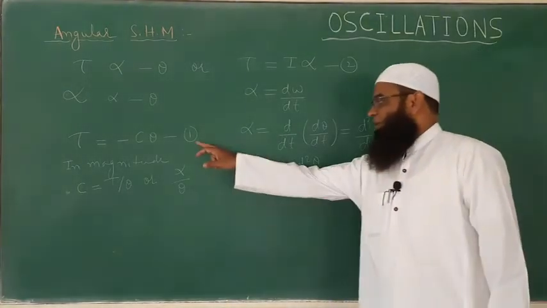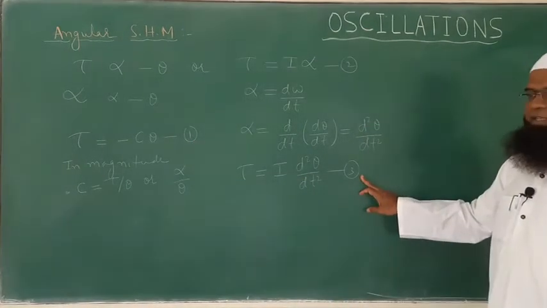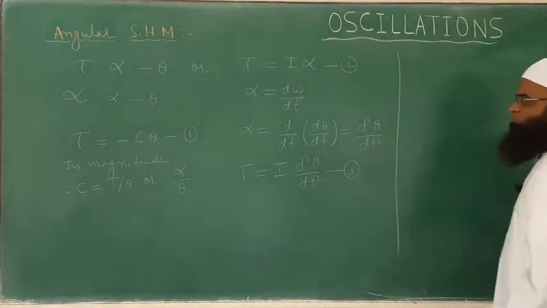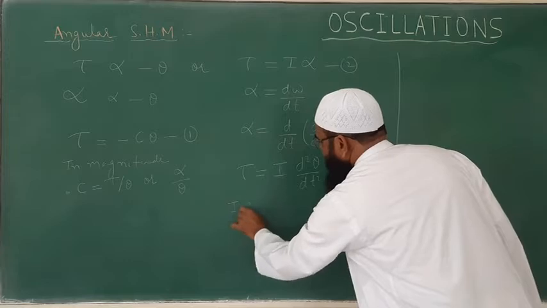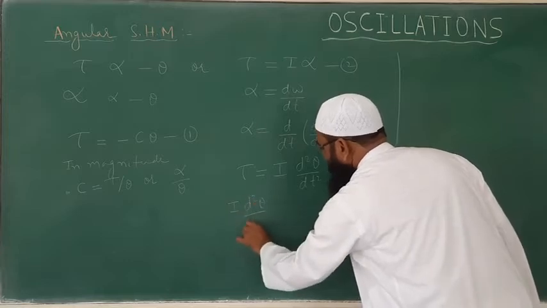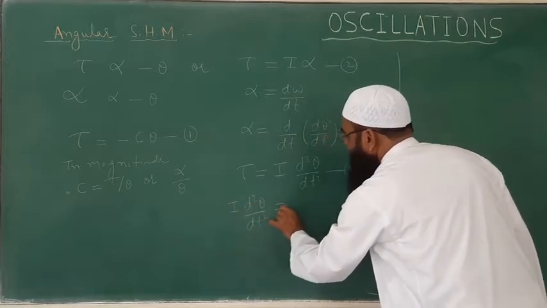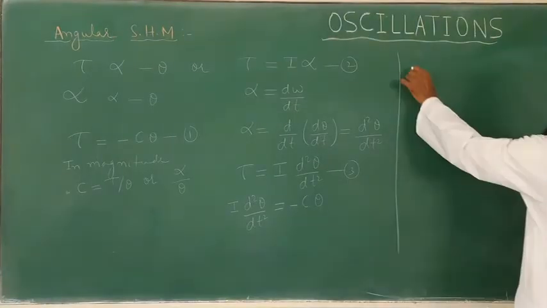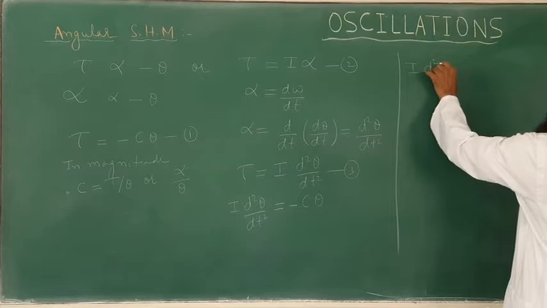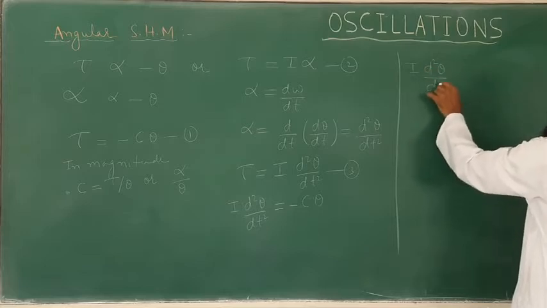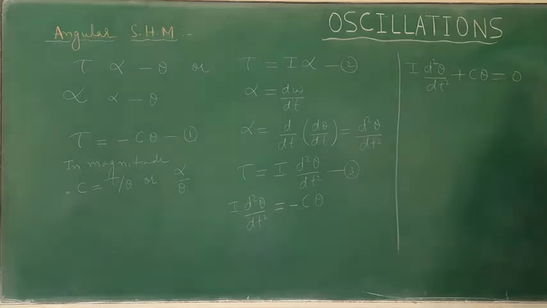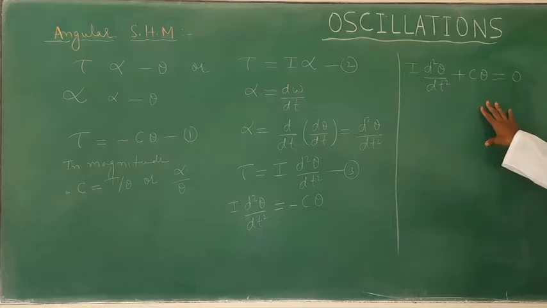Now when we compare equation 1 and equation 3, we get I d2 theta upon dt square is equal to minus c theta, or I d2 theta upon dt square plus c theta is equal to 0. This is the differential equation of angular SHM.